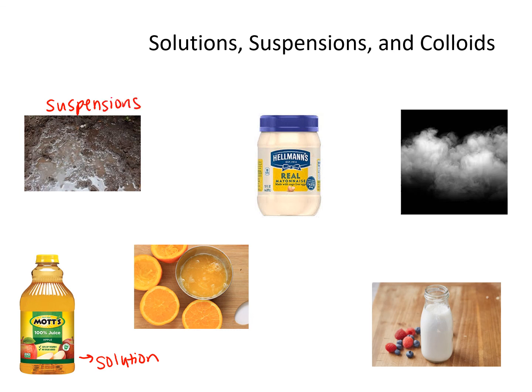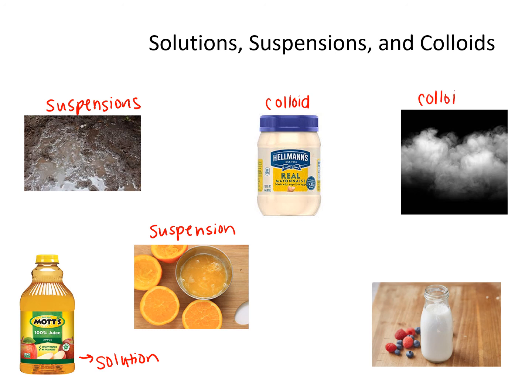Remember, in suspensions, we have large particles that are going to settle over time. So if we put muddy water or freshly squeezed orange juice into a glass, that is going to cause the mud or the pulp to eventually fall to the bottom of the glass and separate out of the solution. These last three are all examples of colloids.